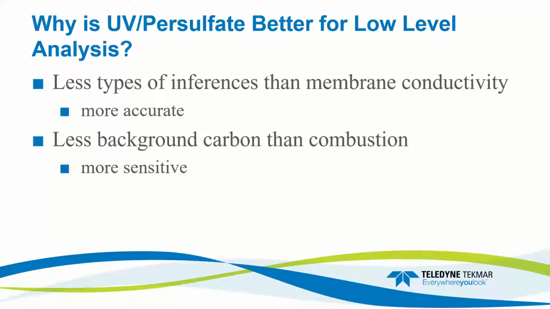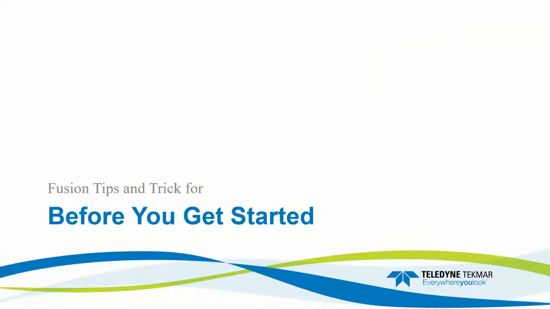We choose UV persulfate because a matrix that contains salts, azides, or nitrates will also cause interferences with membrane conductivity, which could become clogged, and the analytical results could become unreliable. Combustion, as you know, we also sell the Lotix and Torch, but with combustion we won't be able to get down to the low level of 50 ppb that is needed, because combustion is a dirtier technique. With UV persulfate, we can reach those low levels.